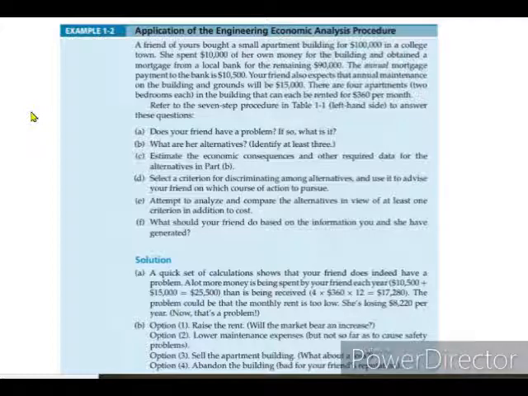So there are many factors, not only the direct expenditures, but also the indirect, like the maintenance and others. Refer to the 7-step procedure in table 1-1, left hand side, to answer these questions. Letter A, does your friend have a problem? If so, what is it?